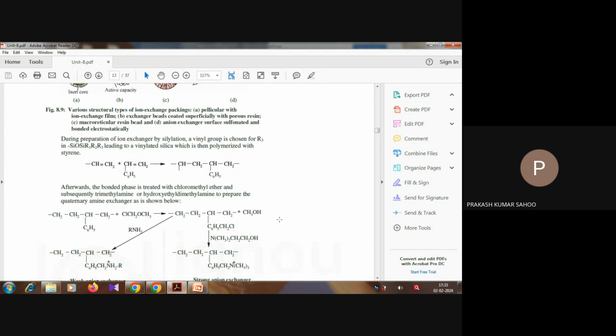So during preparation of ion exchanger by silylation, a vinyl group is chosen for R3 in the SiO, Si, R1, R2, R3 compound, leading to vinylated silica. So one vinyl group is generally chosen. This is the vinyl group, that is CH=CH2. When it reacts with styrene, we have this polymeric chain.